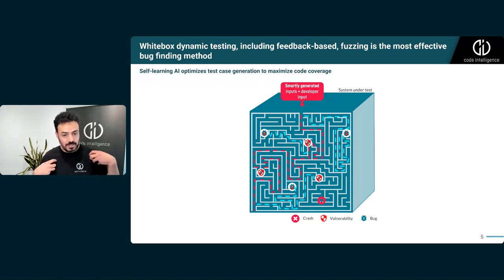It's the self-learning AI that this technology uses to explore the program state and to generate test cases that maximize code coverage that makes this very effective at automatically generating test cases with very good code coverage. And so this has a very significant potential to help us with scaling the security testing.